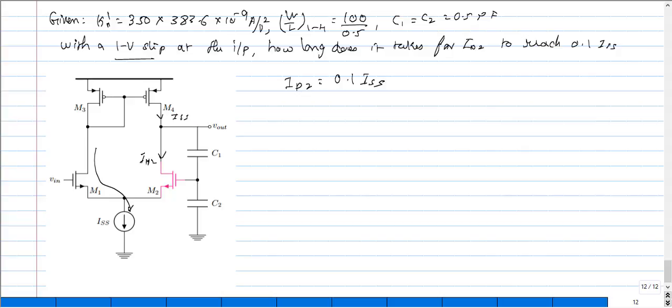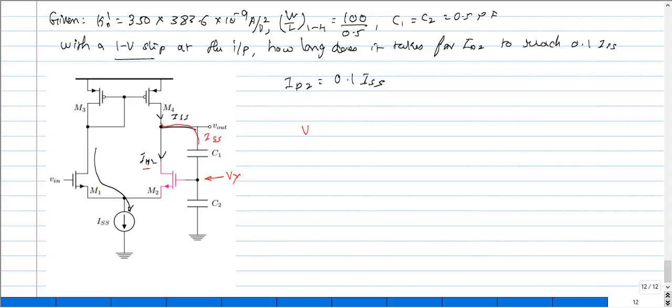To simplify this problem, I'm going to assume that all of these currents are flowing across these capacitors, and this becomes a negligible quantity just for the computation purpose. Now the current is charging these two capacitors, and I want to measure the voltage across this node Vx.